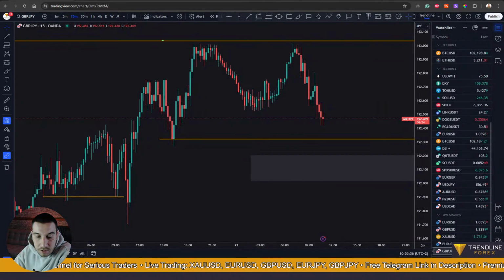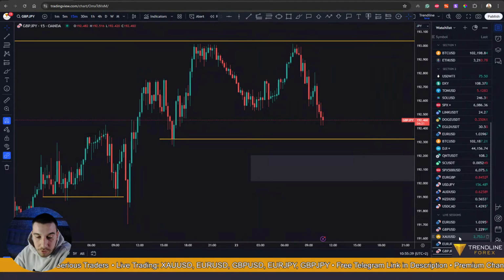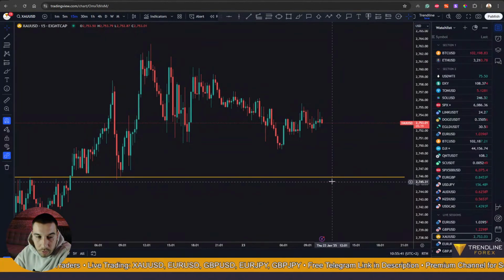Yeah, at least we have some movement on the other instruments, but gold is not doing anything, to be honest.